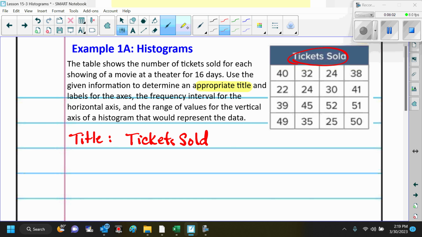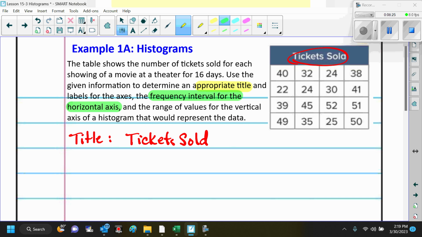Then it says, let's see here. We want to have appropriate labels for the axes. So the axes, of course, are the x-axis and the y-axis. So the frequency interval will go on the horizontal axis.